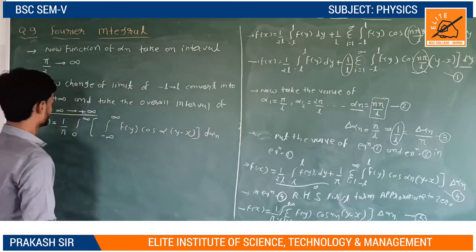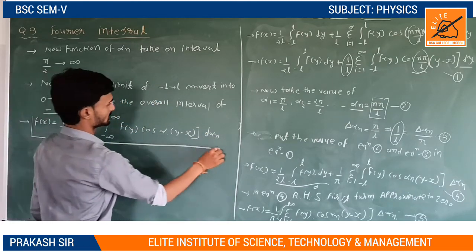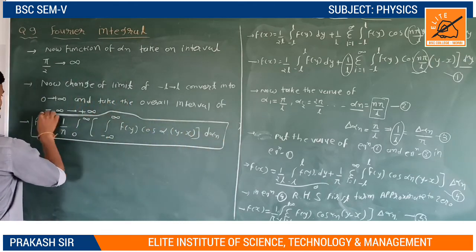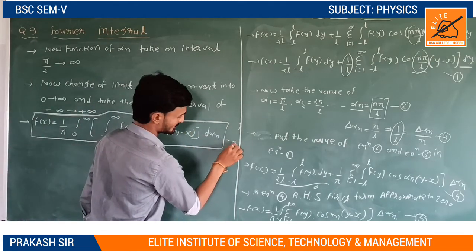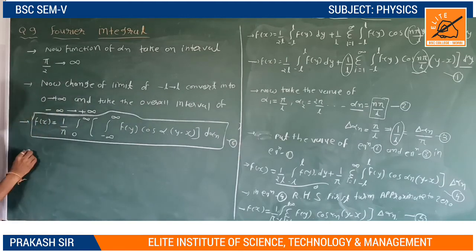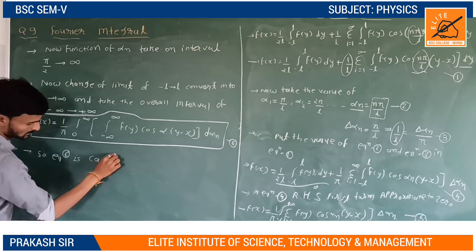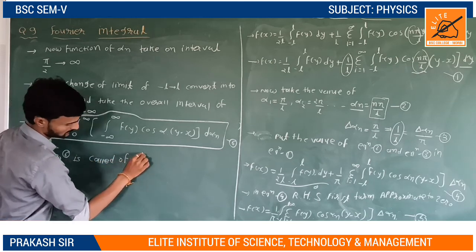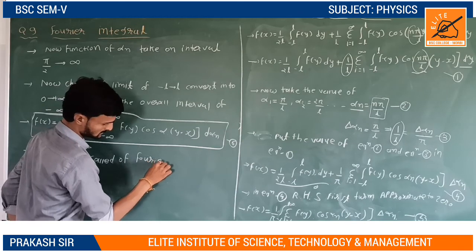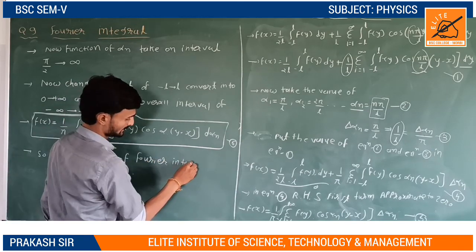This is equation number 6, which is called the Fourier integral.